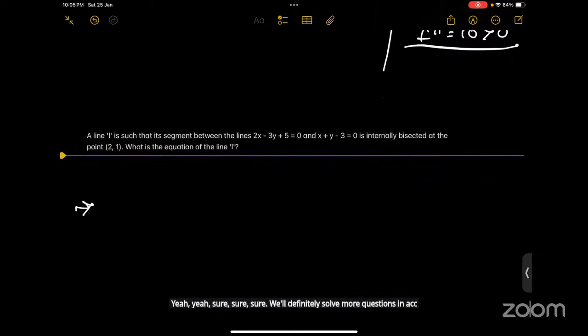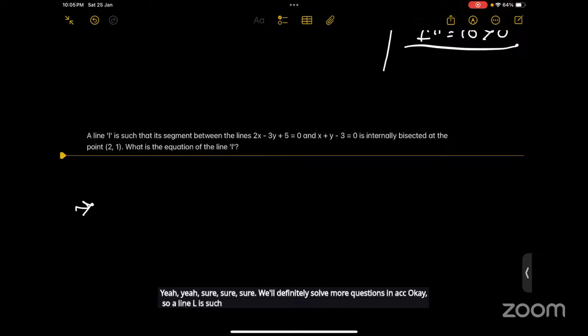Okay, so a line L is such that the segment between this and this is internally bisected.